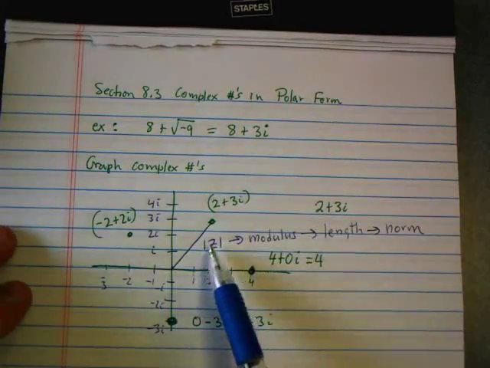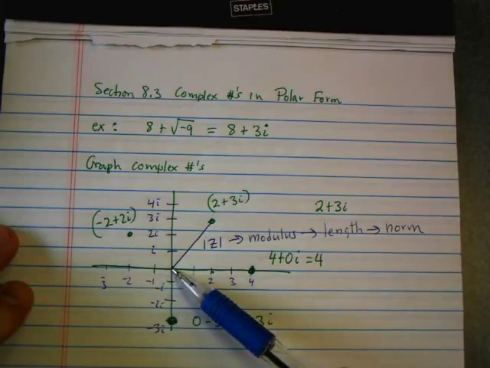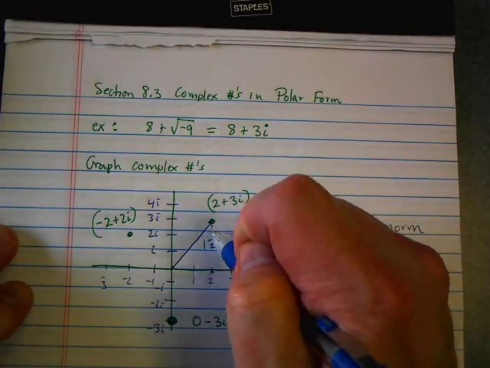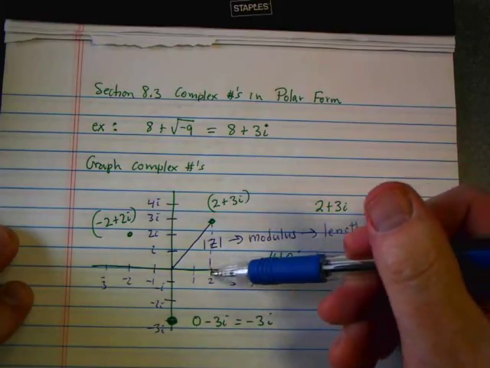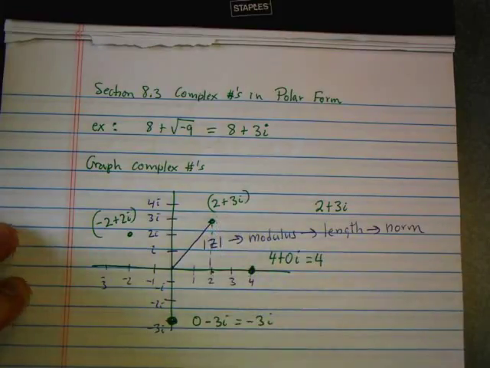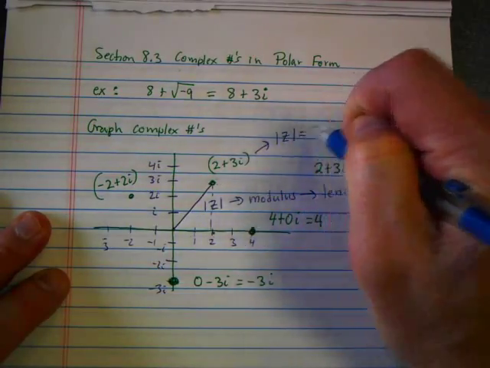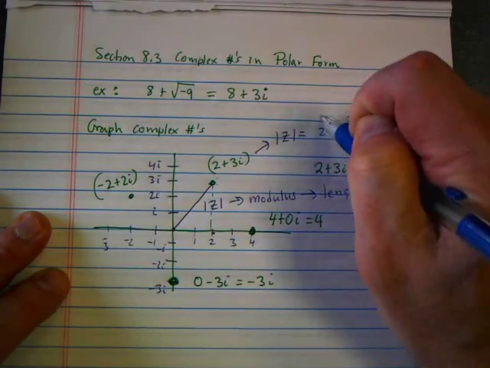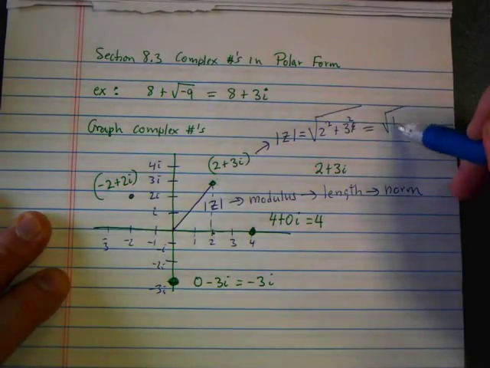So, if I give you a complex number like 2 plus 3i, how am I going to figure out how far it is from the origin up to there? I draw a triangle. This length is 2. This length is 3. So how do I find that length? Pythagorean theorem. So for this problem, the modulus would be the square root of 2 squared plus 3 squared. So it would be the square root of 13.